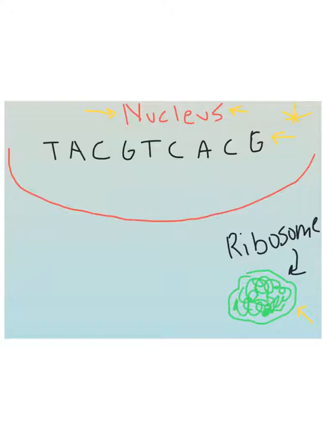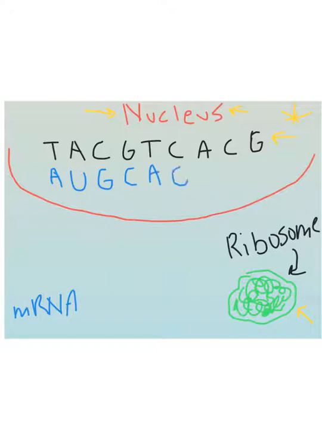So with that code, what series of letters or bases is going to be in our mRNA molecule? Well, that's easy. It's just the base pairing rules. But remember, we're going to get rid of T, and we're going to replace it with U in RNA. So, T will go with A. A will not go with T now. A will go with U. C still goes with G. G still goes with C. T still goes with A, because we still have A in RNA.